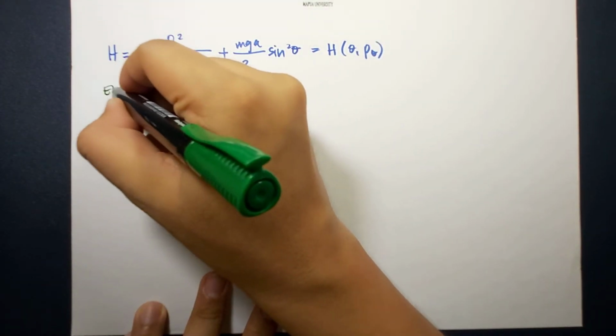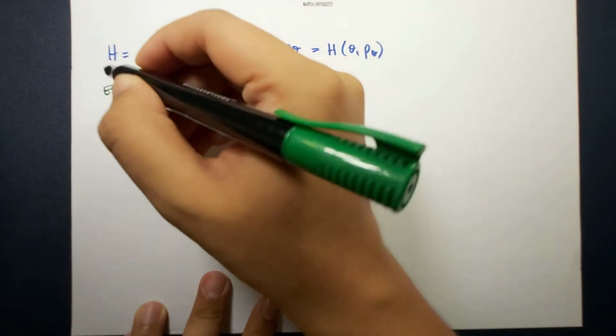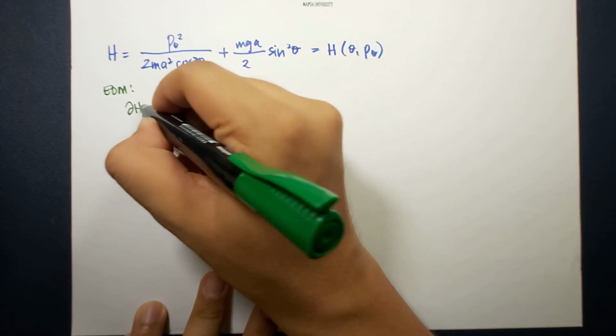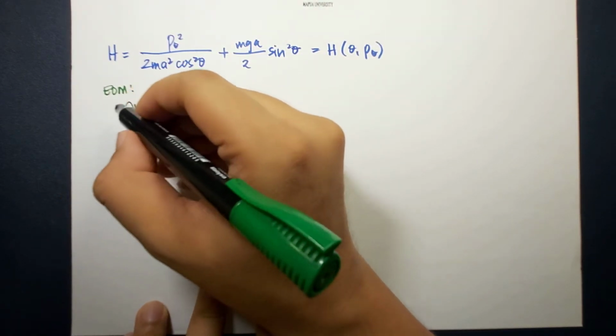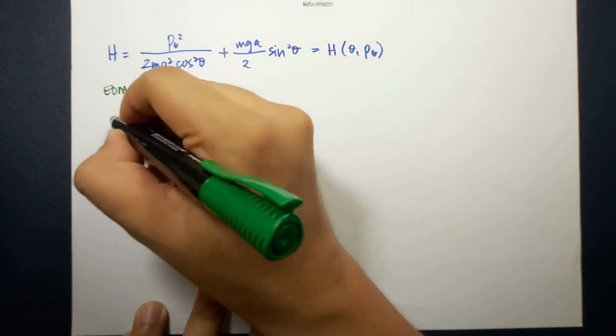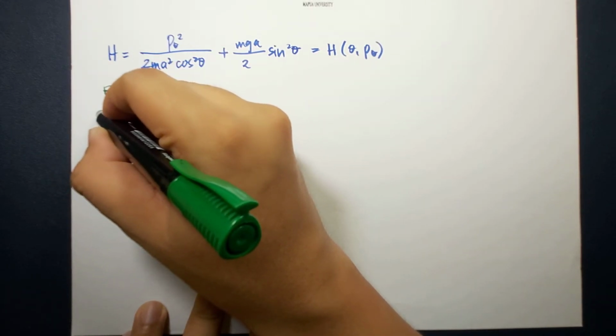The partial derivative of H with respect to p theta is equal to theta dot.